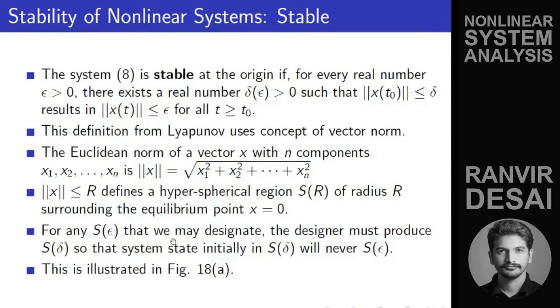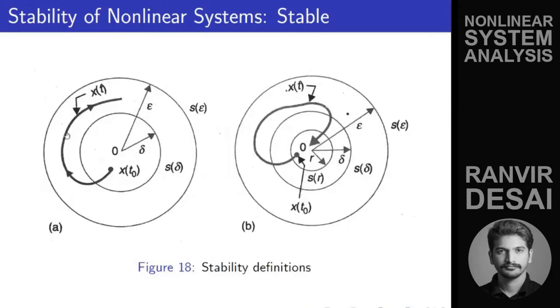For any circle of epsilon that we may designate, the designer must produce a circle of delta, so that the system initially in the circle of delta will never leave the circle of epsilon. What we saw is this circle of initial conditions, from which the system will not leave.